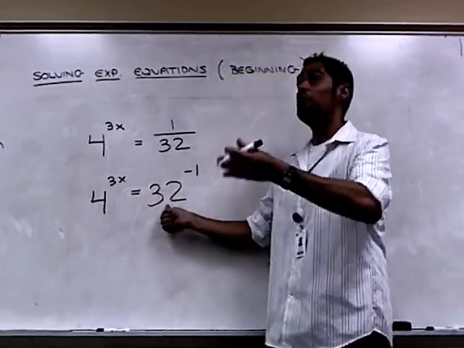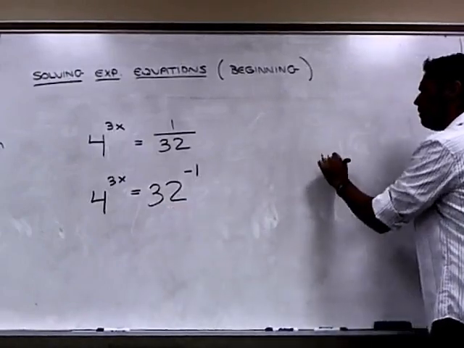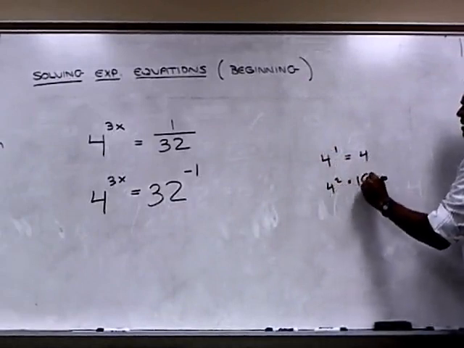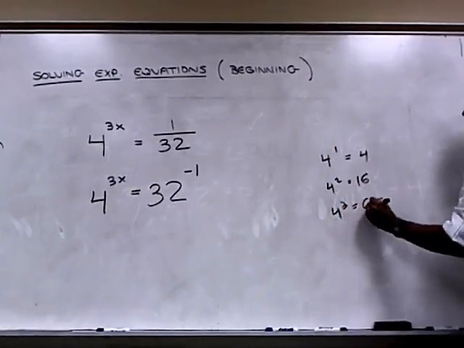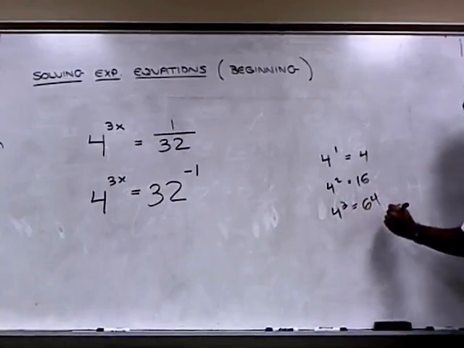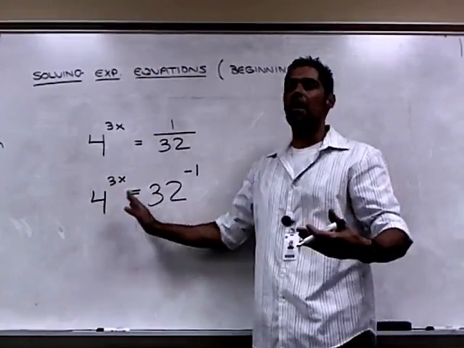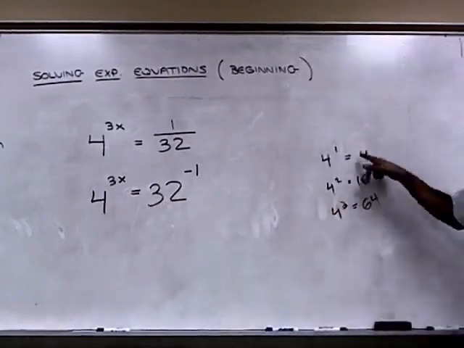Is 32 4 to something? What are the powers of 4? 4 to the first is 4, what's 4 squared? 16. What's 4 cubed? 64, right? So 32 is a multiple of 4, but it's not a power of 4. So 32 cannot be rewritten as a power of 4.